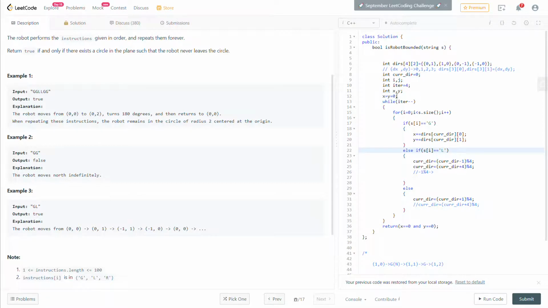Okay, let's check the code once again. Yeah, so I missed this. It would be treated as -1. Yeah, because it would treat it as 1 modulo 4 minus.